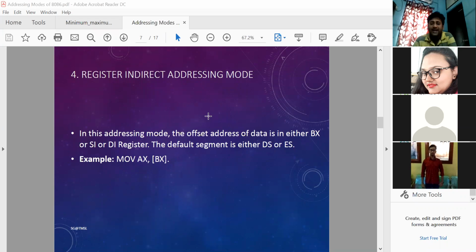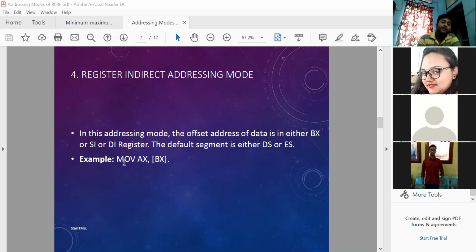So the BX register is obviously a general purpose register, but it can also be used for base address purposes. So it can be used as a general purpose register as well as a special purpose register, used to store the offset address, that is, as your offset register.